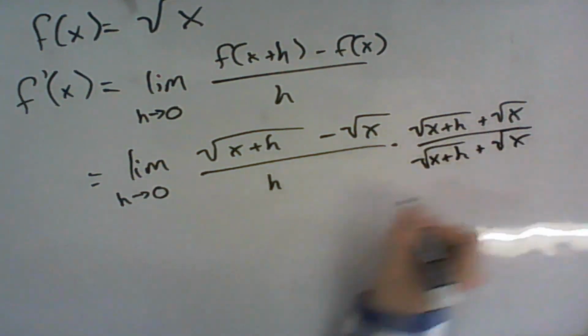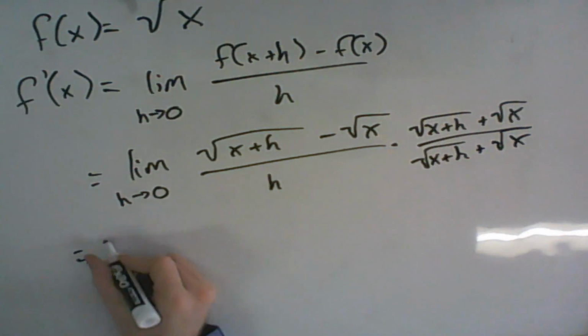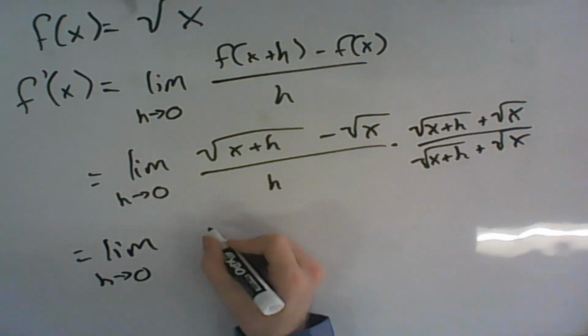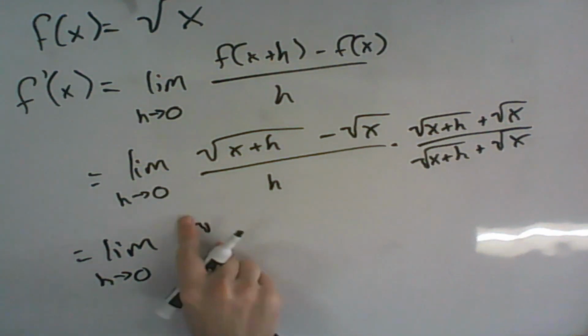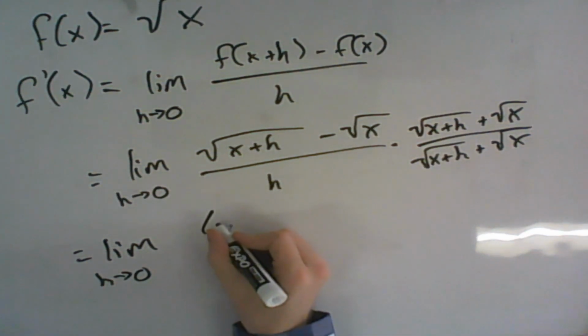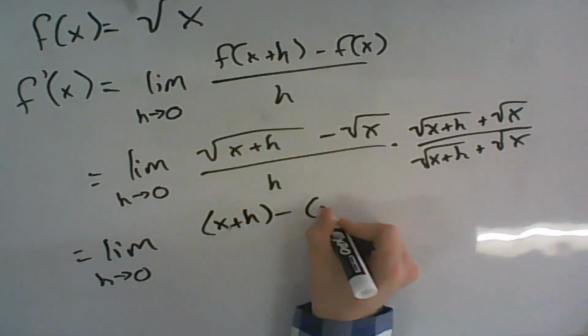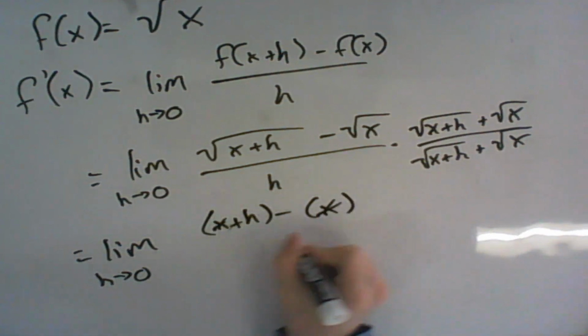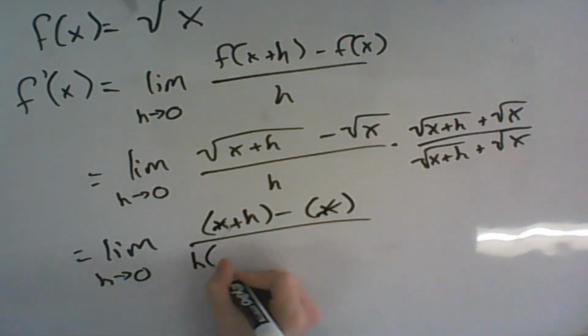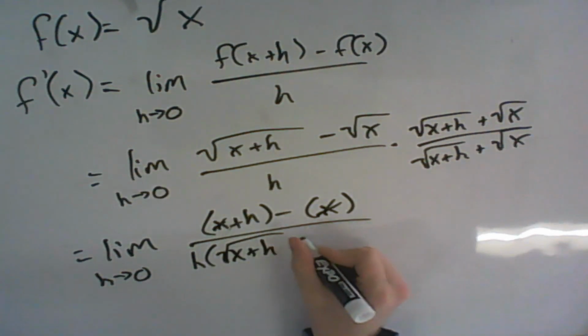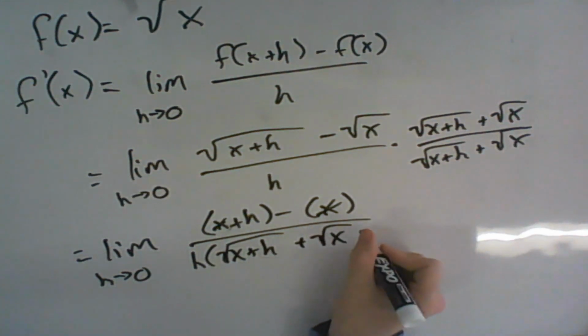So then we get the limit as h approaches 0 of, the square roots at the top numerator are gone, so it's x plus h minus x. The x's are going to cancel. Bottom is going to be h times the square root of x plus h plus square root of x.